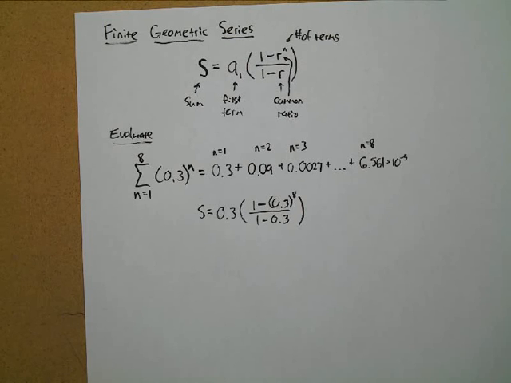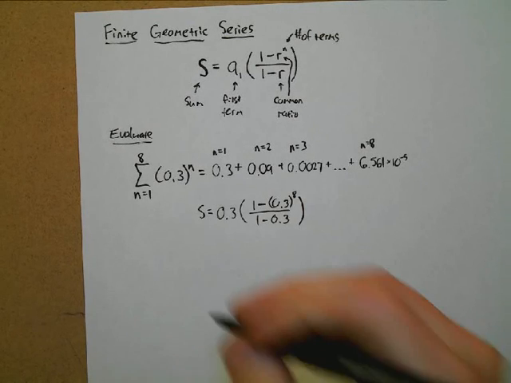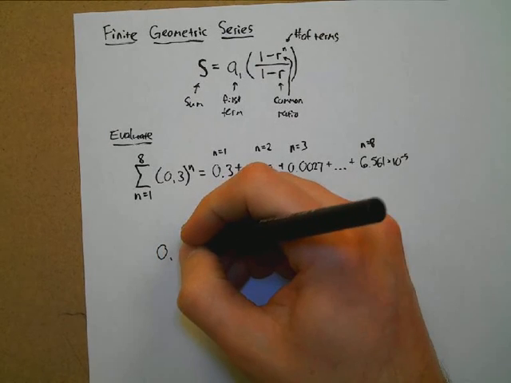And again, let's round to 3 decimal places. I did this 3 different ways.